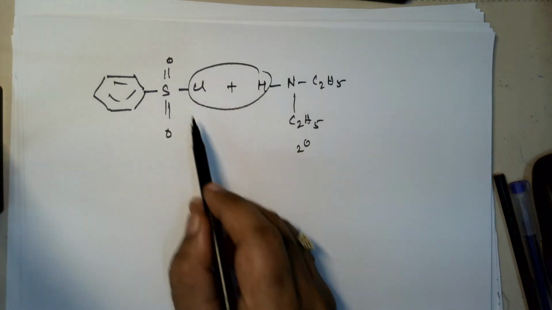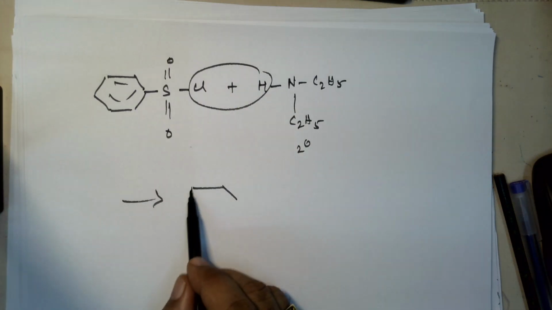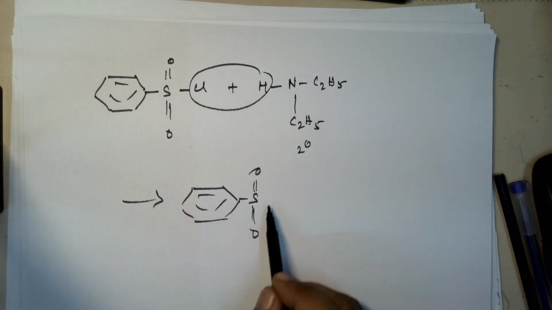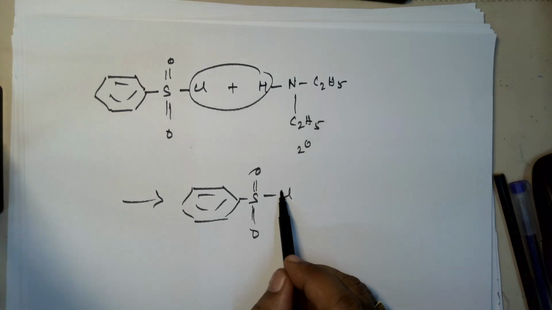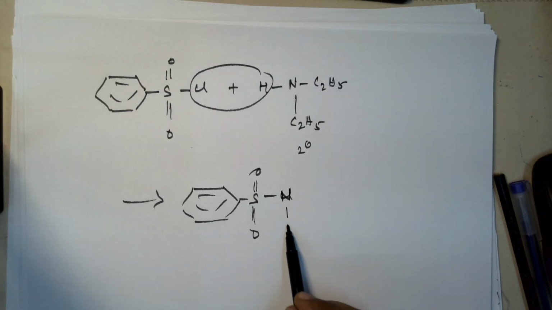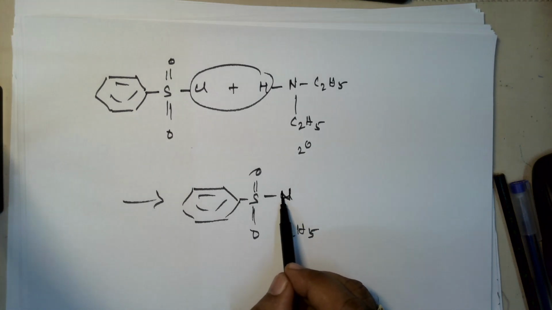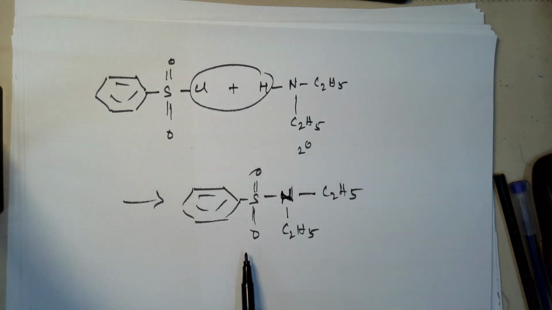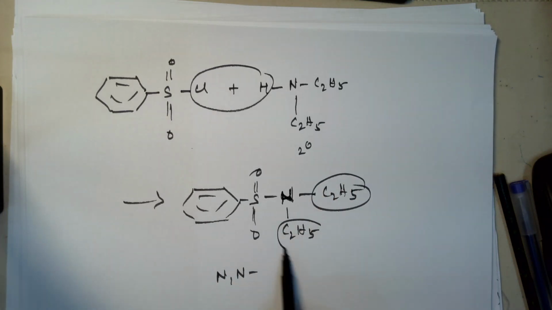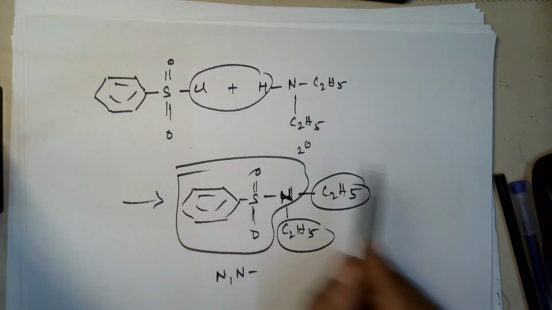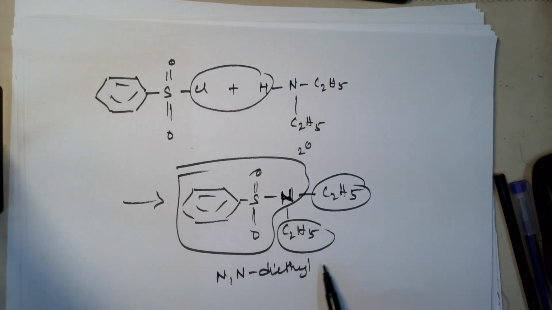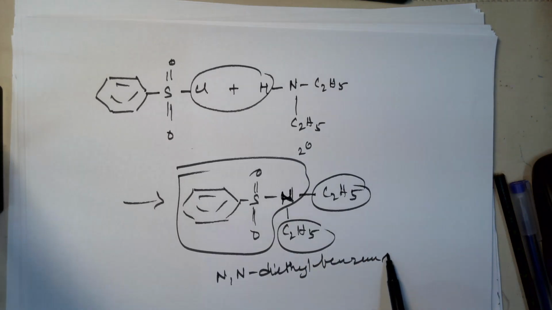Once again HCl is removed, so in this case it gives HCl and the product with C2H5, C2H5. So this is called N,N-diethyl benzene sulfonamide.